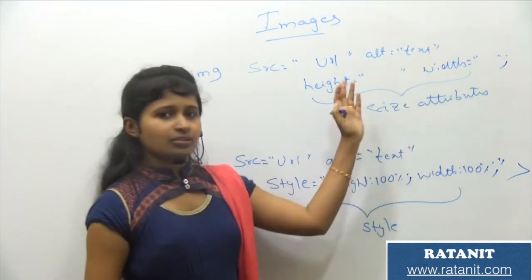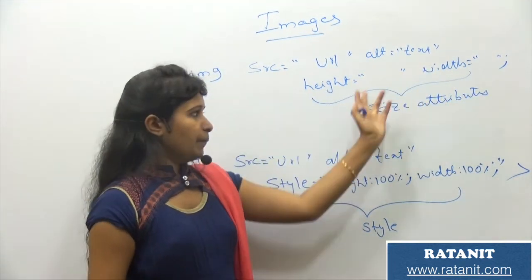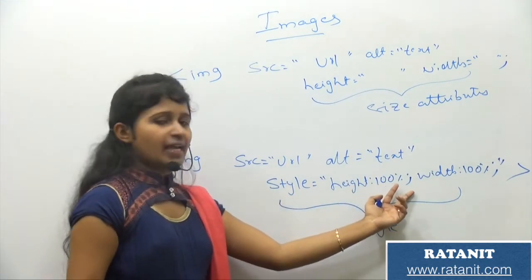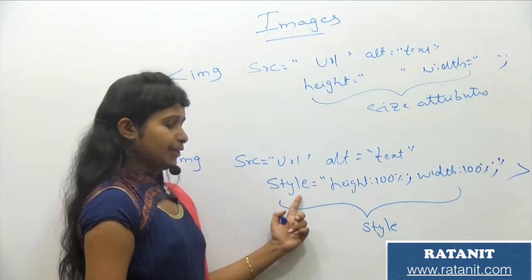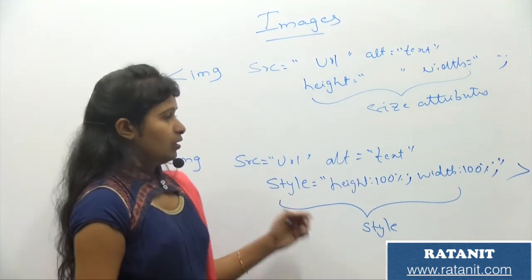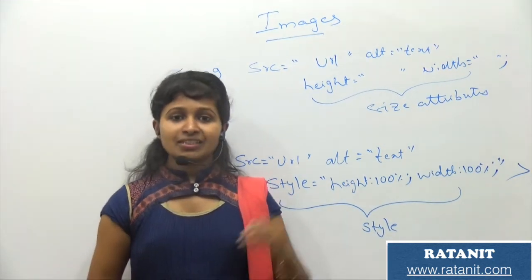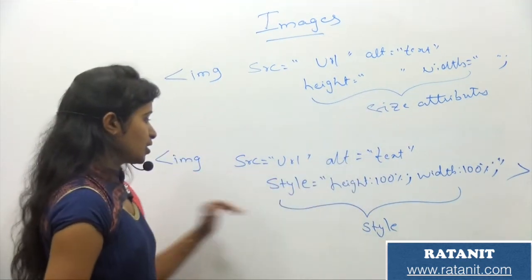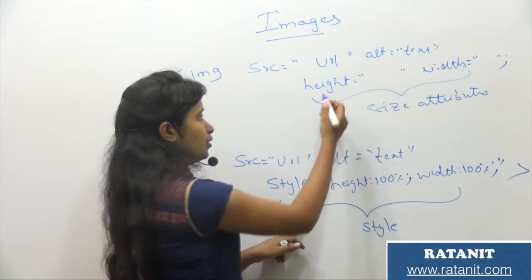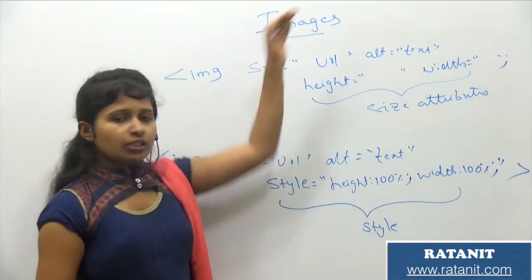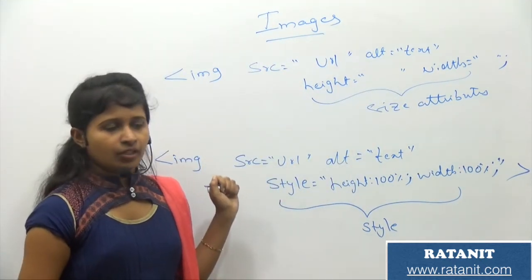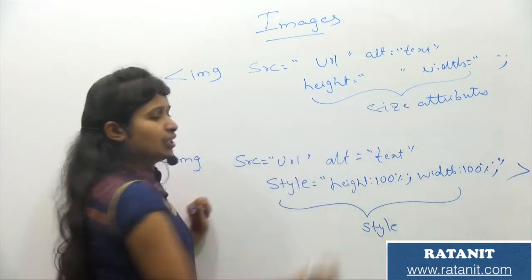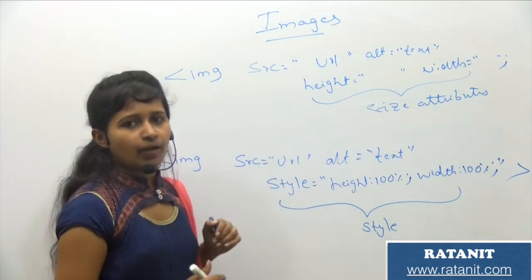Height and width are separate attributes. I combined them, and I am inserting these size attributes in a style attribute. You can ask me one thing: what is the difference between these two, ma'am? The foremost thing is, if you are using it like this, even though you give it in the style sheet, these might change and the image might be overlapped.